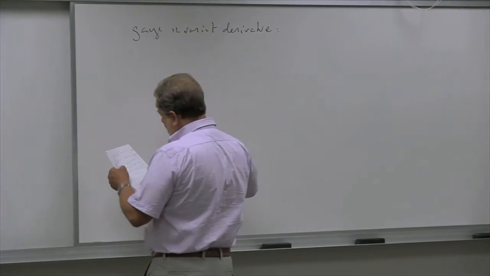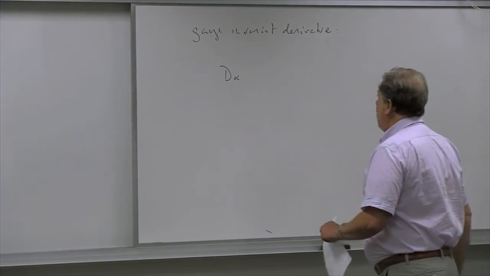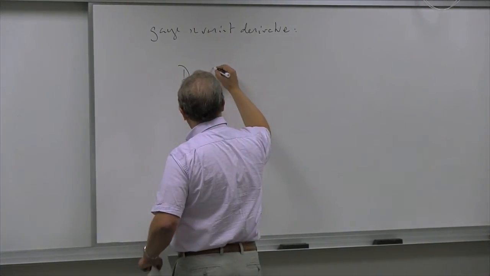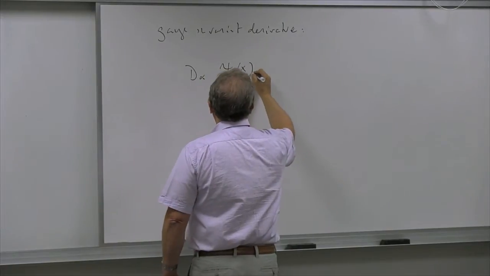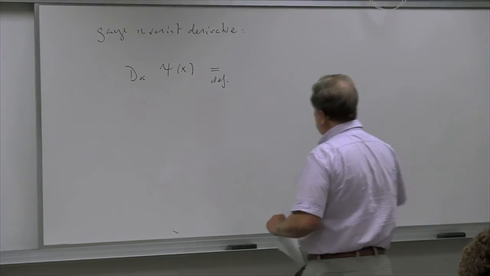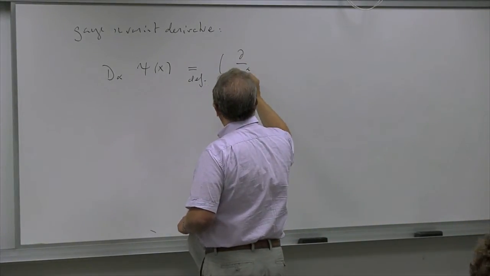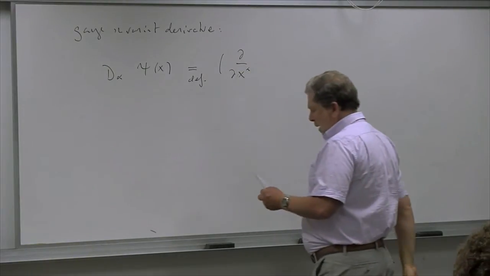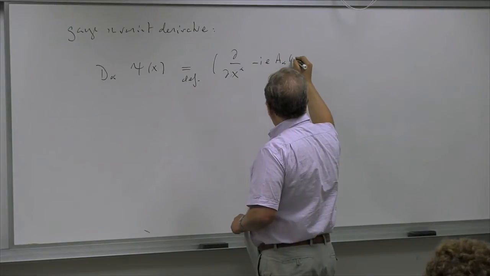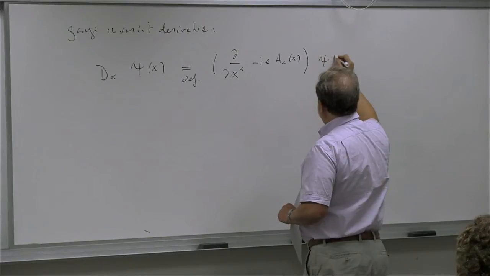You take D alpha, using the capital symbol, and you apply that on psi of x. This is defined as taking the ordinary derivative, d by dx alpha, and adding to it the minus I e A alpha of x that I had a moment ago, and multiplying that by psi of x.